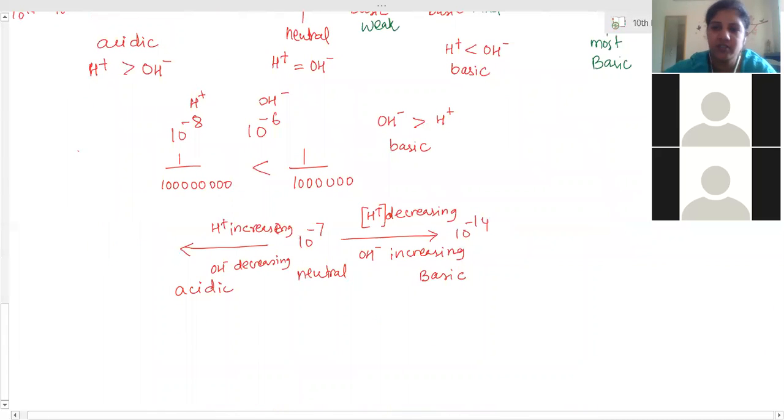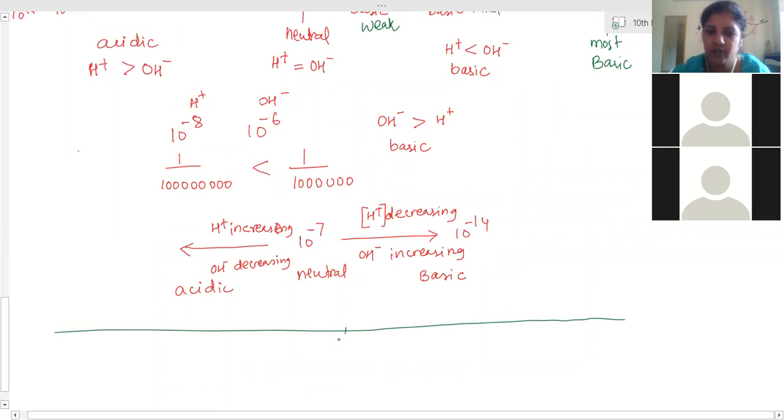Now if you write it on a proper scale, this is 10 to the power minus 7, which is the neutral solution. Here, these are all acidic solutions, and the arrow shows the increase in strength.